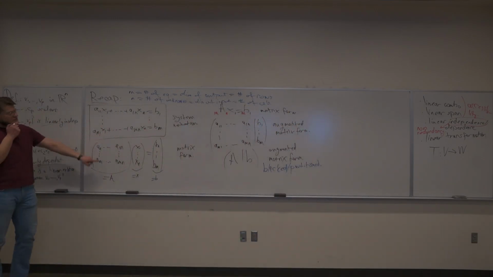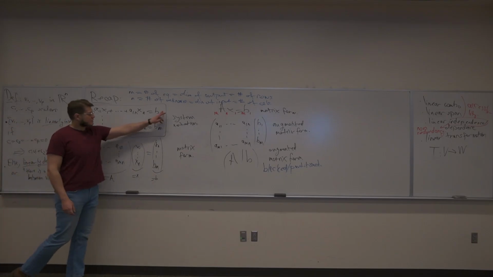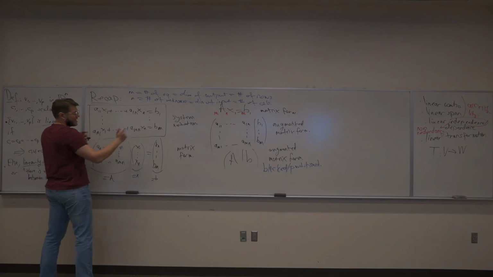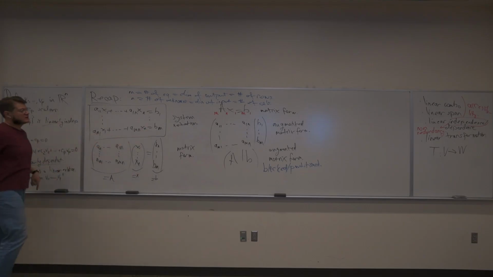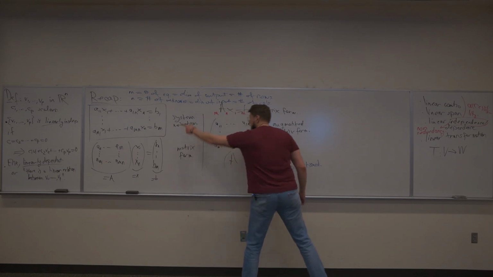instead of going from here to there, what I'm going to do is this. I can think of this as one entry. It's ultimately a real number. The second row as a number. The mth row as a number on the left-hand side. So here's yet another way of writing the same thing.